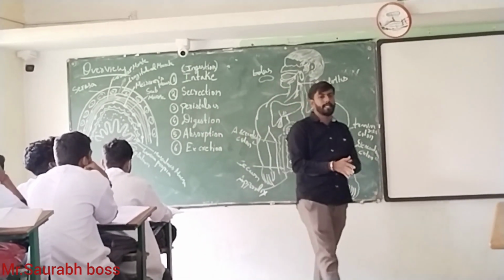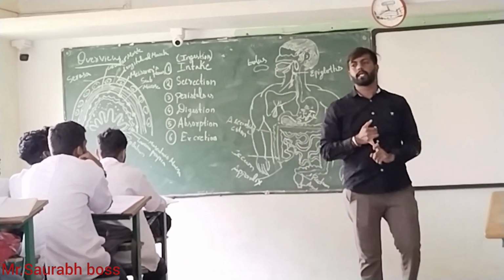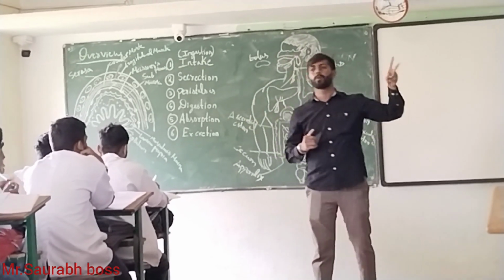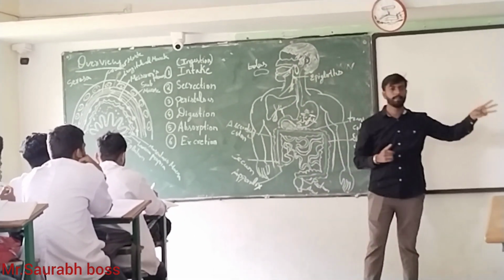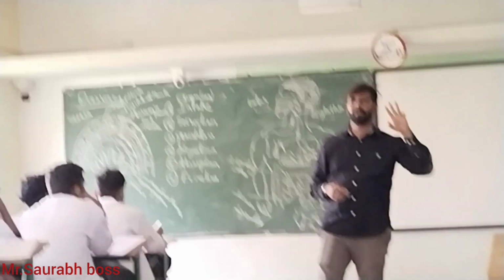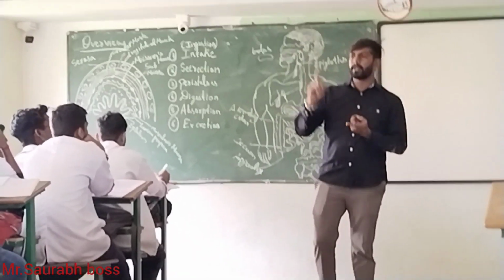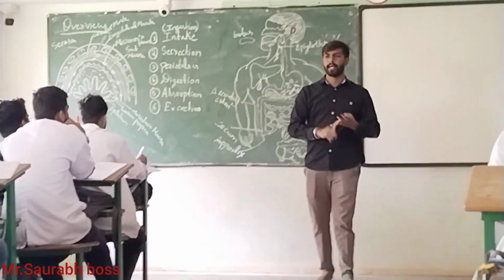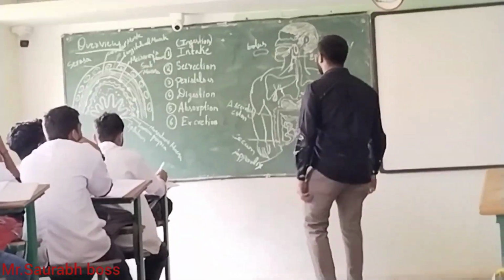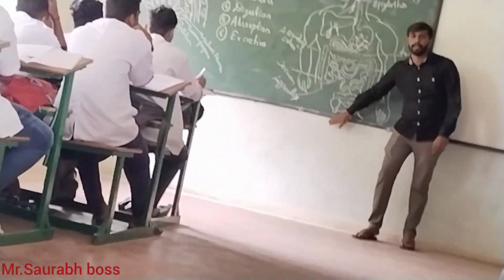But you know, whatever you have eaten, the body only needs carbohydrates, proteins, fats. Remember, the primary biomolecules the body needs are what? Carbohydrates, proteins, fats. Whatever unwanted things you have eaten will come out through the anus.